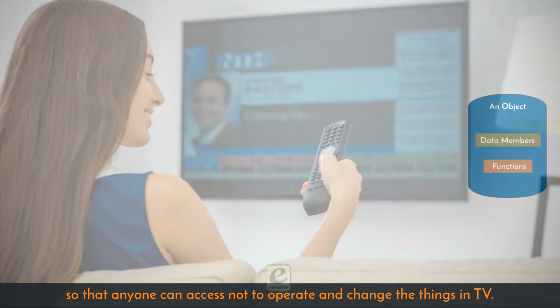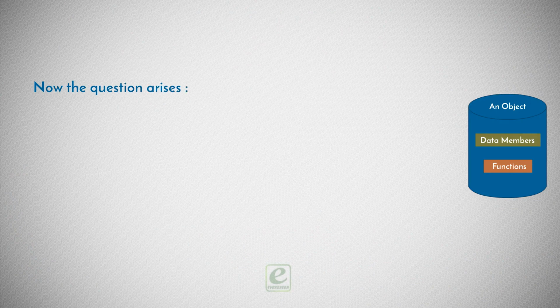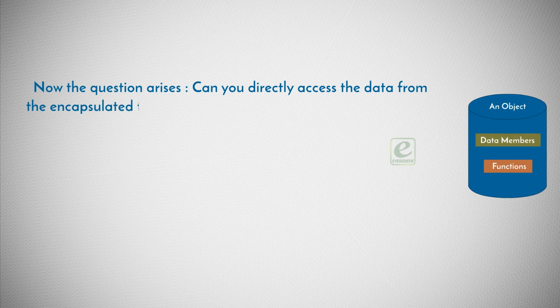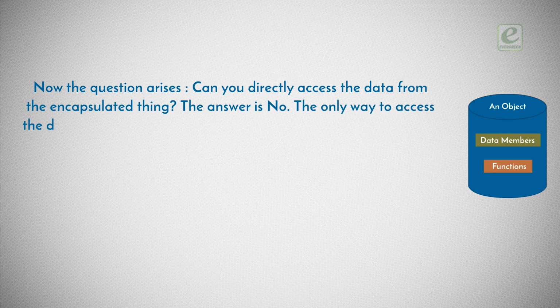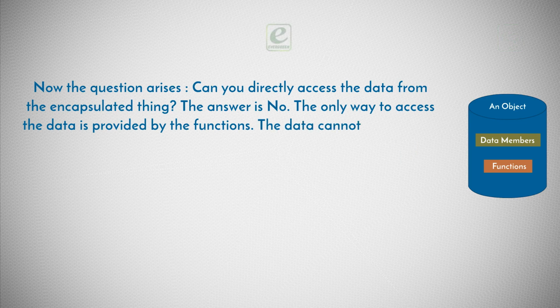Now the question arises, can you directly access the data from the encapsulated thing? The answer is no. The only way to access the data is provided by the functions. The data cannot be accessed directly.